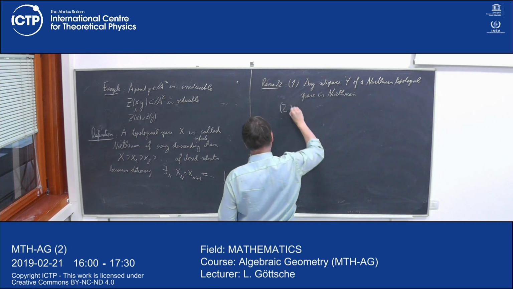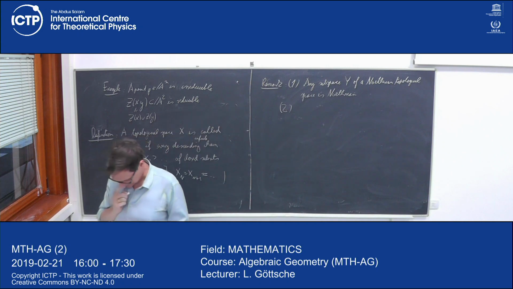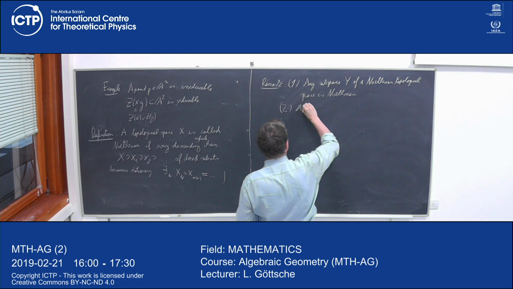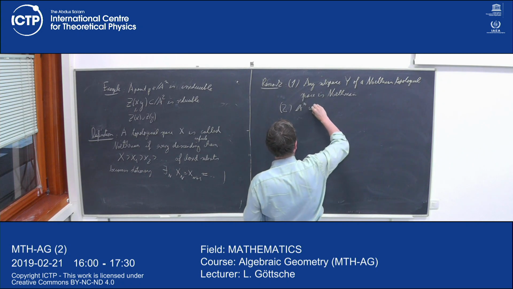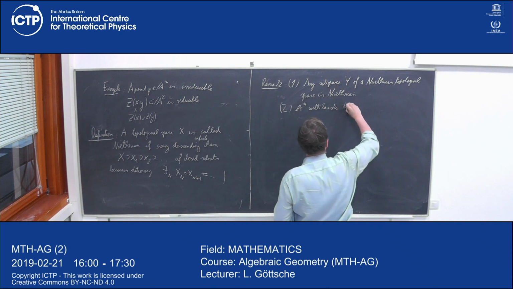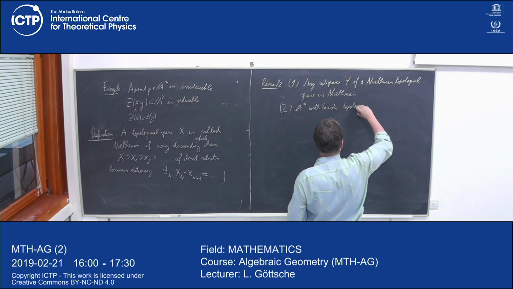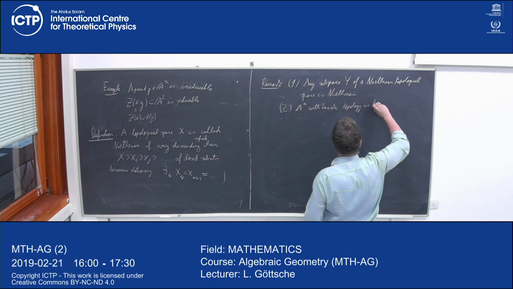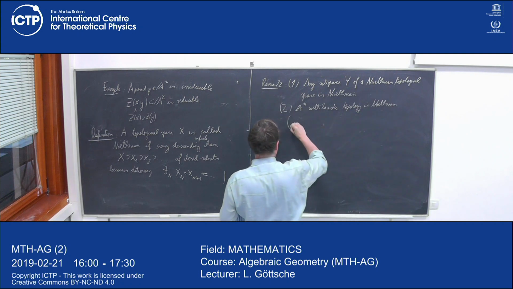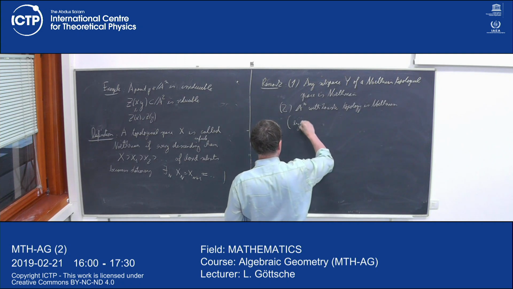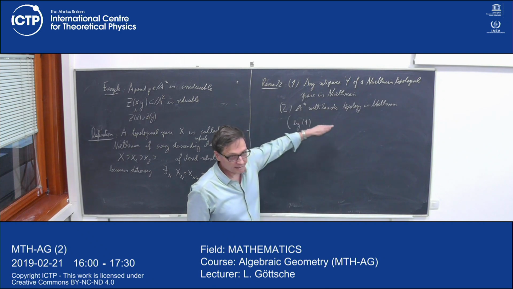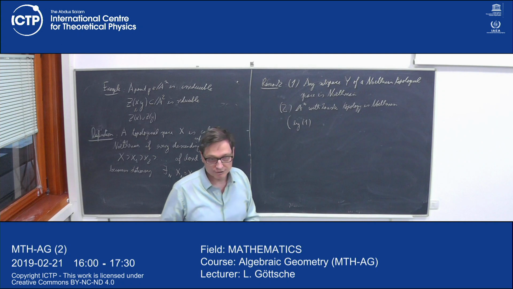The second statement is that A^n with the Zariski topology is Noetherian, and then it follows by one that every affine algebraic set with the Zariski topology is Noetherian.